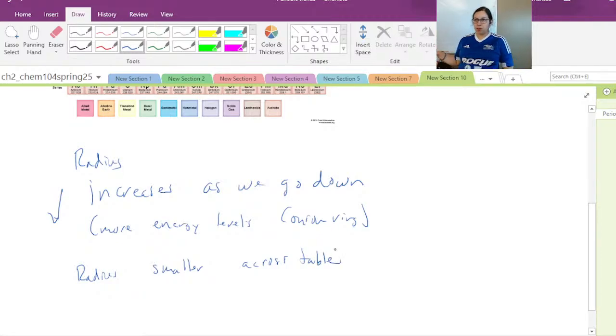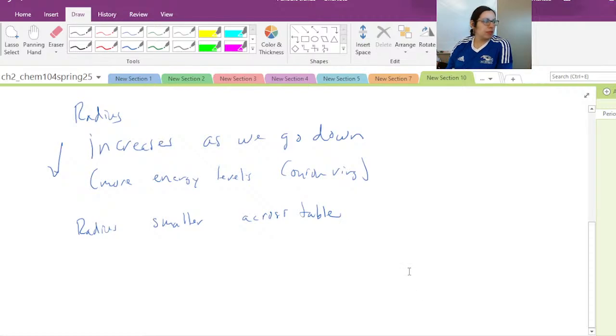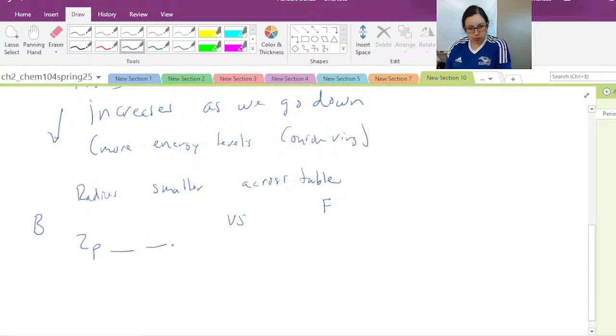So where are those electrons being added? We can do a thought experiment, right? Let's compare boron versus fluorine for a second. They're both on the 2p.